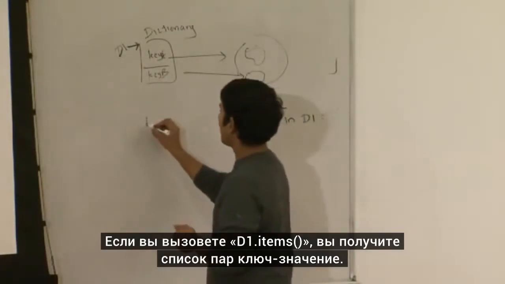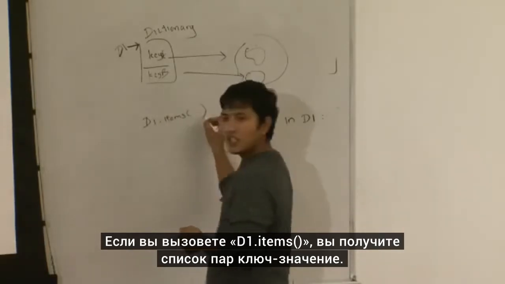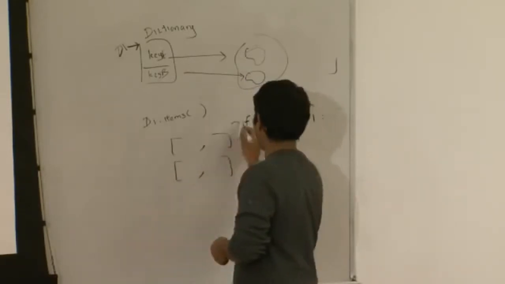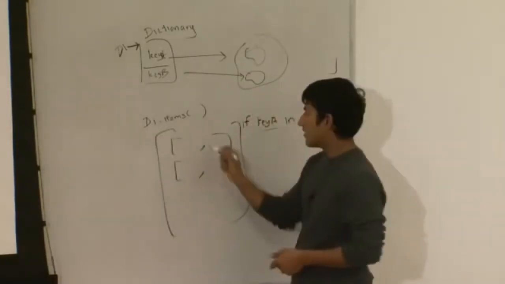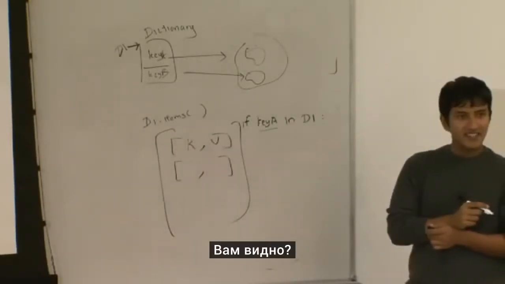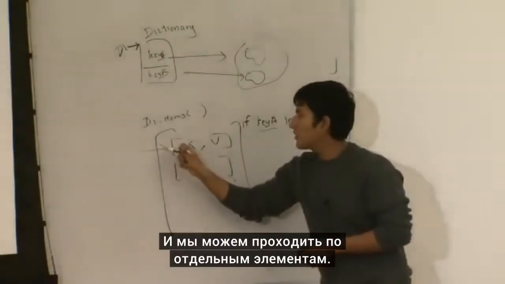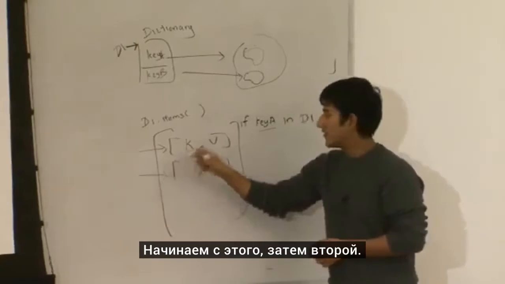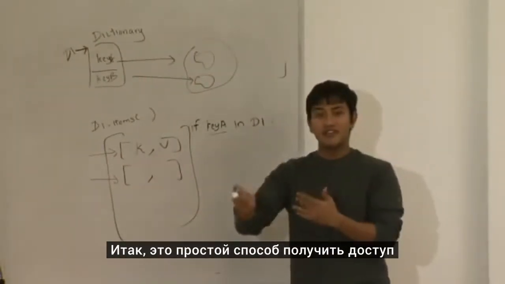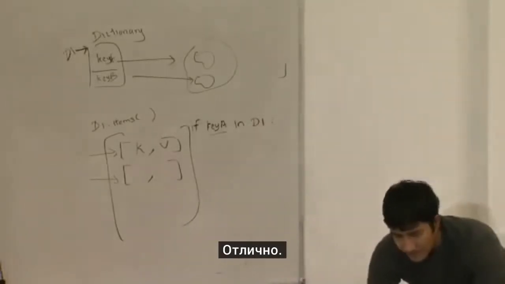If you call d1.items, you get a list of key value pairs. You see that? And we are going to iterate through individual elements. So first we start with this, second this. OK? So there's a simpler way to access every element in the dictionary. Great.